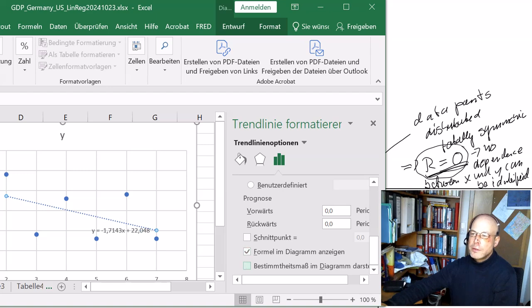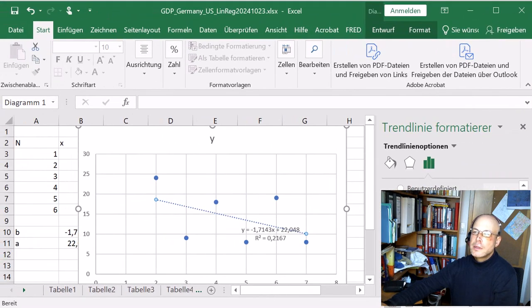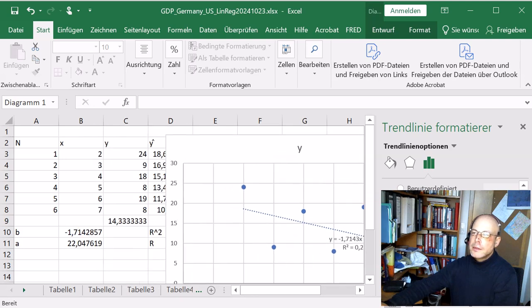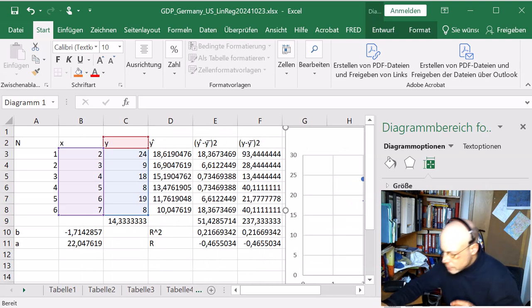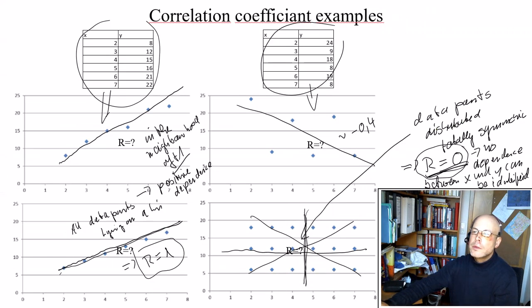Then show the formula and show the coefficient of determination. Here we had 0.84.